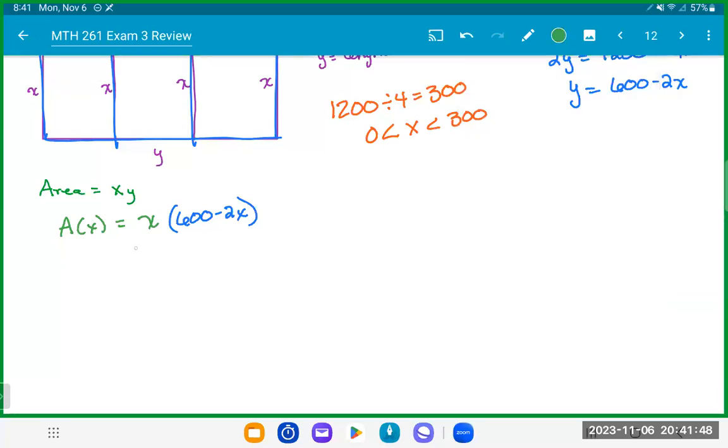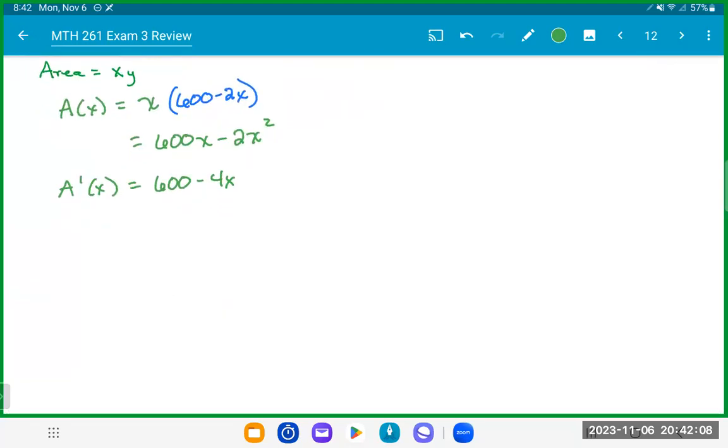So this would simplify to 600x minus 2x squared. When I take the derivative of that, that is 600 minus 4x. So I can set my derivative equal to 0 for my critical value, and I get 600 minus 4x equals 0. So x equals 150 is a critical value.